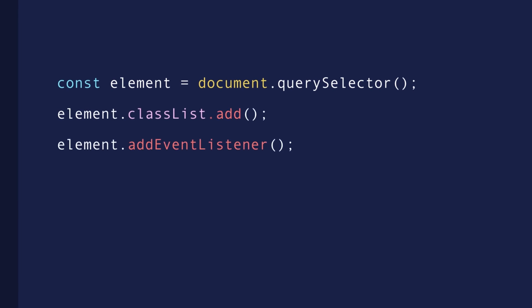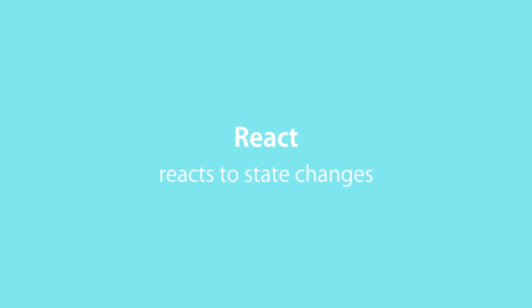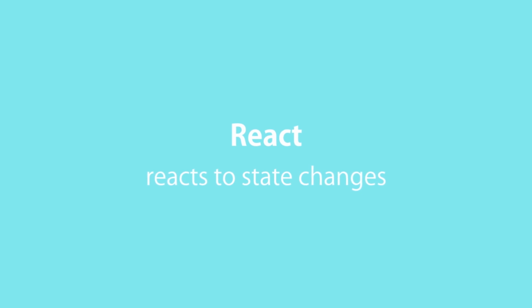In other words, we no longer have to write code to query and manipulate the DOM or attach event handlers to DOM elements. We simply change the state of our components and React will automatically update the DOM to match that state. And that's exactly why this library is called React. Because when the state changes, React essentially reacts to the state change and updates the DOM.